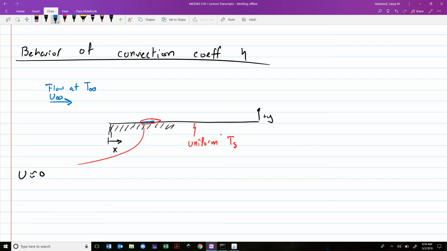That is, the velocity in the velocity boundary layer is going to be very, very small. So this blue line here is indicating the velocity profile, and it's going to 0 at the wall.